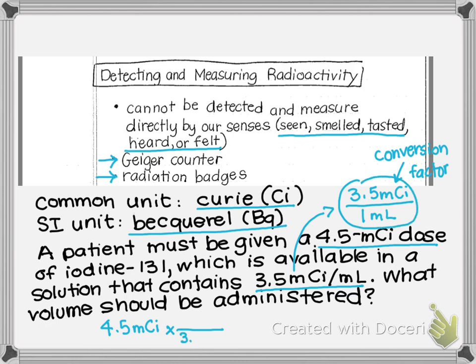So putting the 3.5 millicurie on the bottom, so the units cancel, and the 1 milliliter on the top, we can answer this question and calculate the volume of this solution that would need to be administered. And so dividing this, we get 1.3 milliliters of the solution would need to be administered to give a 4.5 millicurie dose.